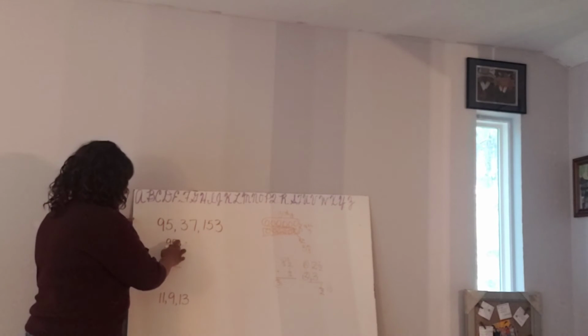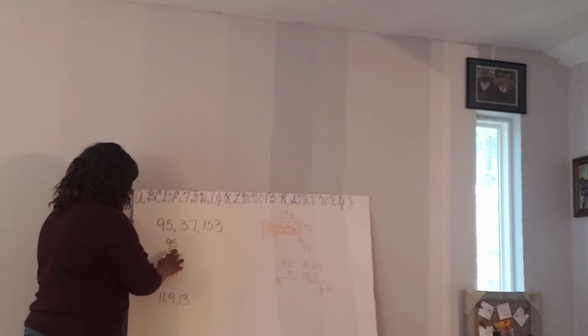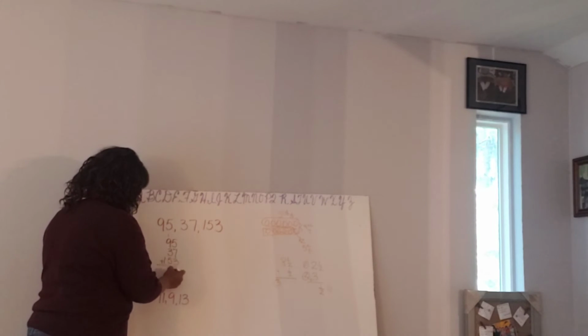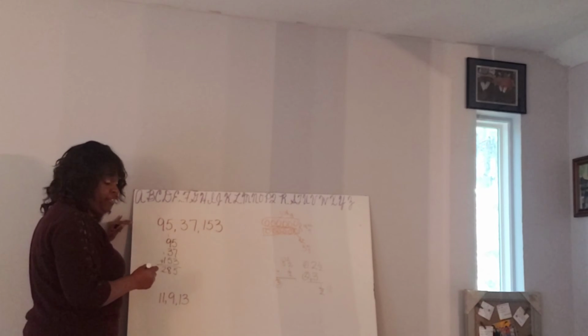And then you add 5 plus 7, 12 plus 3, 15, carry over my 1, 1 plus 9 is 10, plus 3, 13, plus 5, 18, carry over my 1, 1 and 1 is 2, 285.